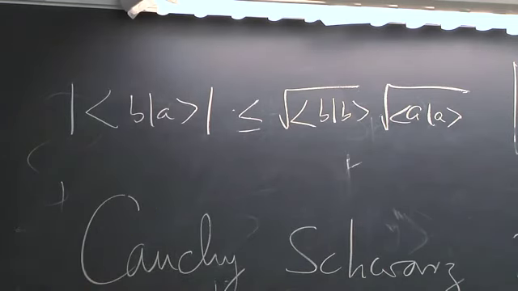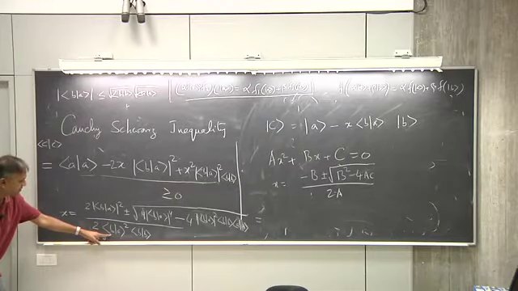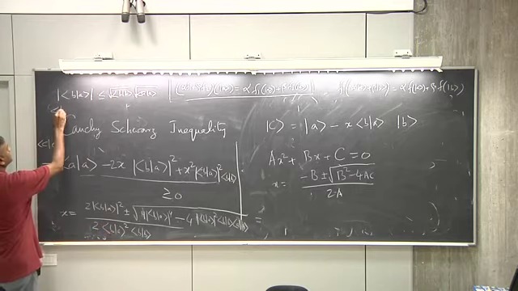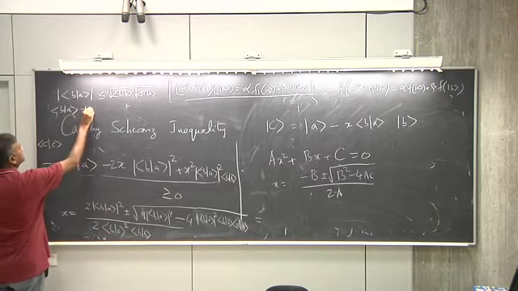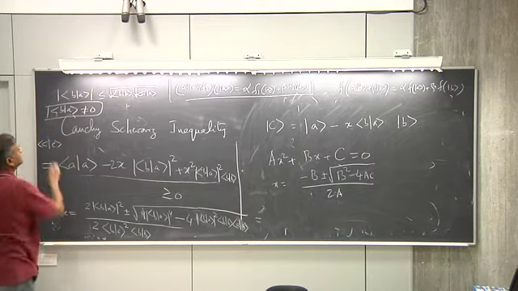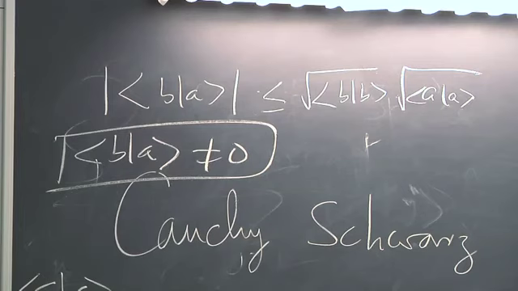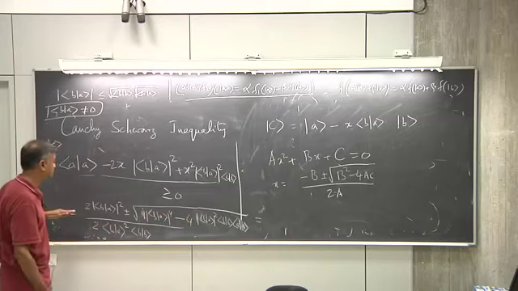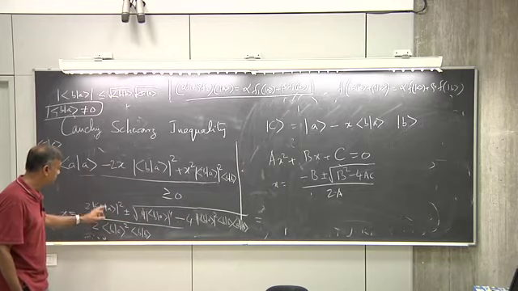So I will assume that this is not 0, because if it is 0, it's obvious. The reason is that these things appear in the denominator. If it was 0, it doesn't make sense. So I will assume that the scalar product of B with A is not 0, because that is the only non-trivial case where I have to check anything. In such a case, I can just take out BA to the 4 outside, so all this cancels out.